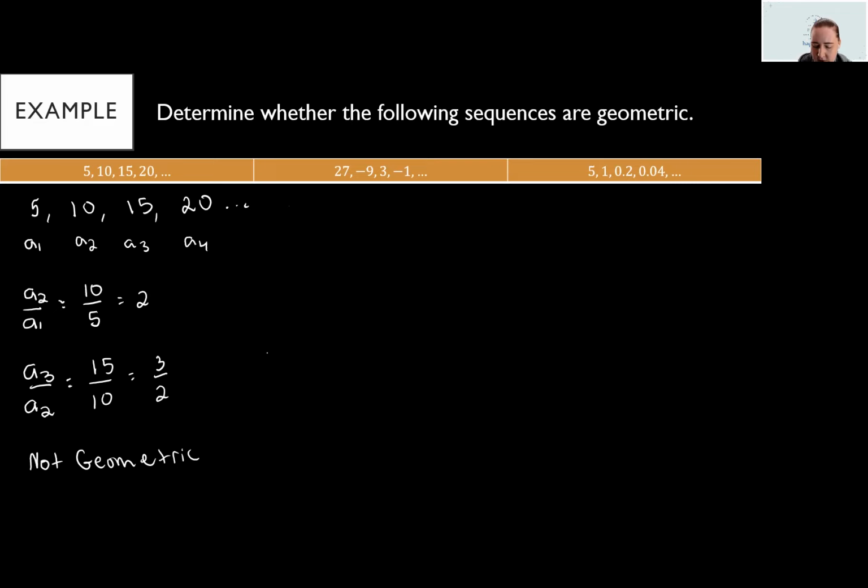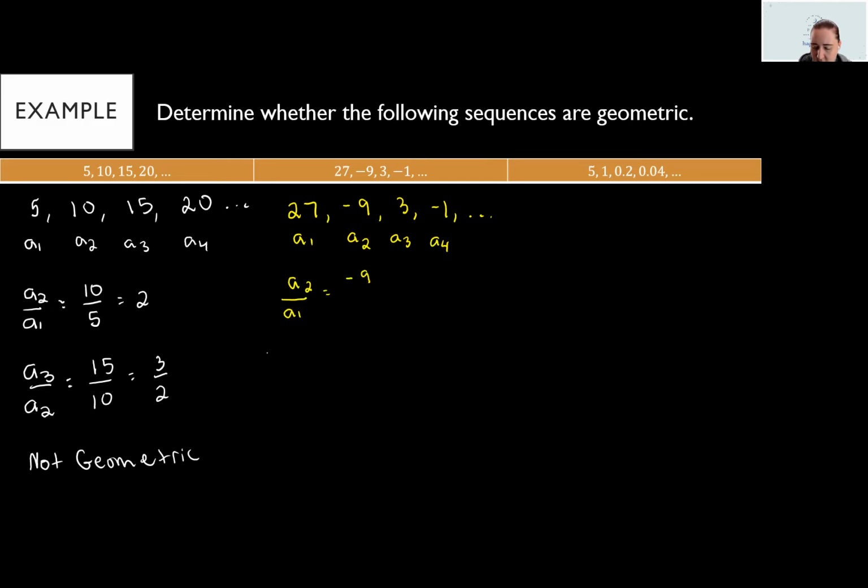Okay, so let's take our next one. We've got 27, -9, 3, -1, and then it just keeps going. So again, I'm going to label these as A1, A2, A3, A4. To check, we're going to take A2 divided by A1.